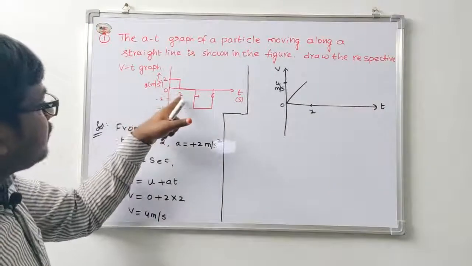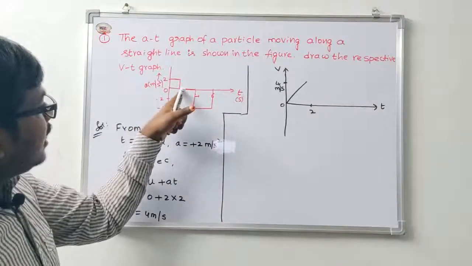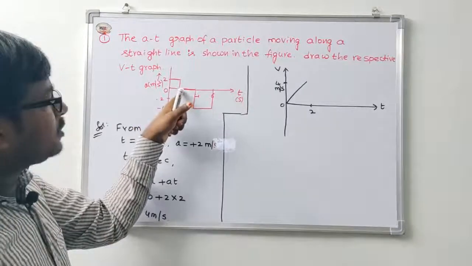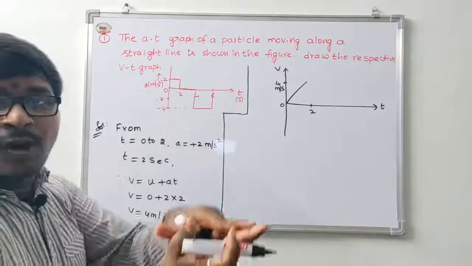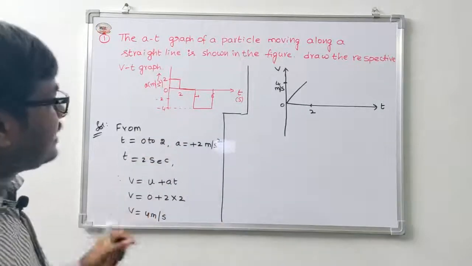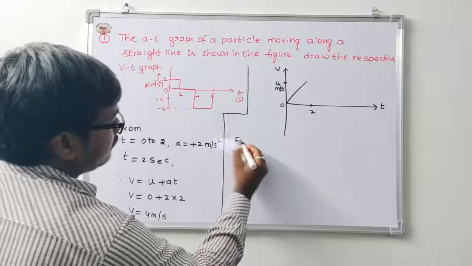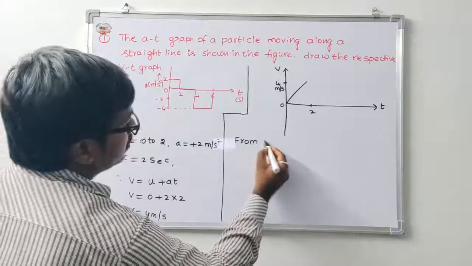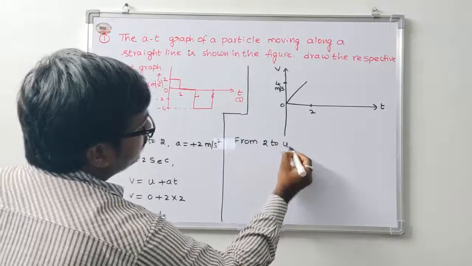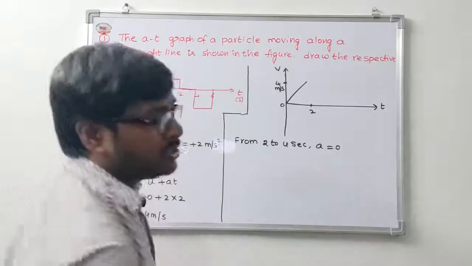Next, from 2 to 4 seconds, the AT graph is passing along the time axis. These two are in contact with each other. Then acceleration is equal to 0. So from 2 to 4 seconds, acceleration is equal to 0.